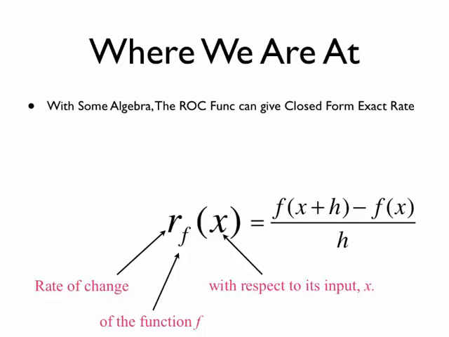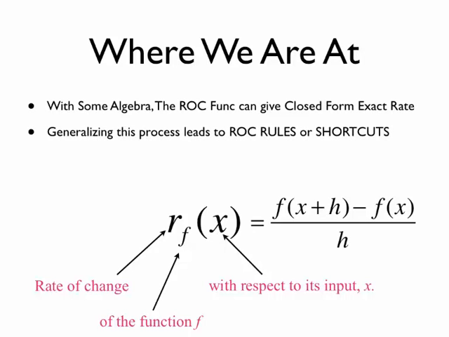And so now you've seen in your homework, with some algebra, this rate of change function applied to a specific accumulation function can give a closed form exact rate. For instance, for the accumulation of area of a square, when we used the rate of change function and did some algebra, we got a closed form rate of change function, 2x.